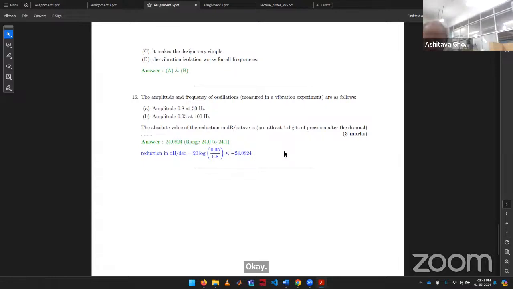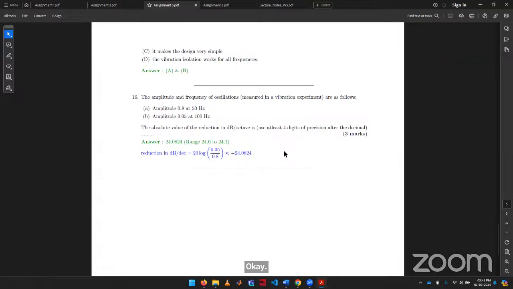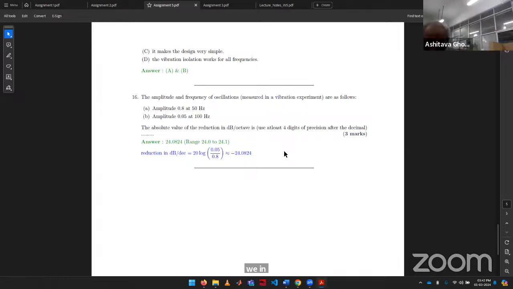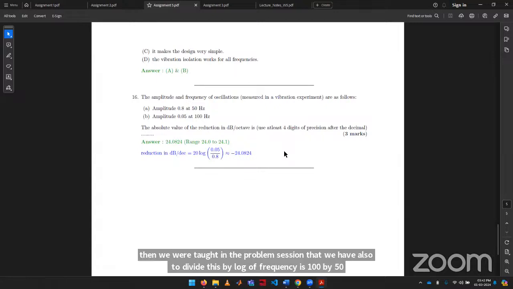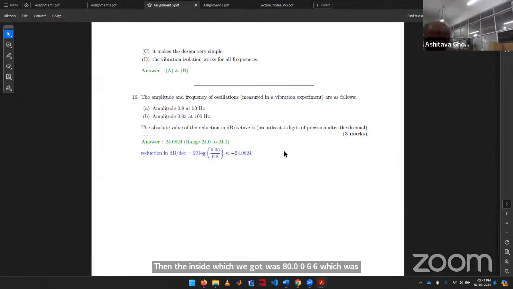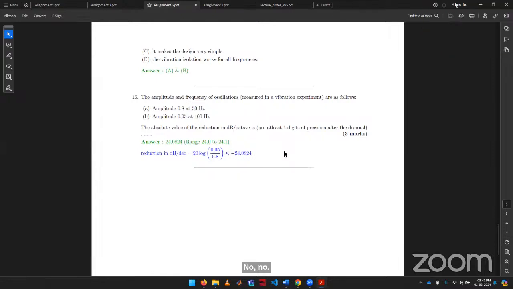So slowly, what was it first? 20 log of 0.05 by 0.08, and then we have to divide this whole expression by log of 100 by 50.